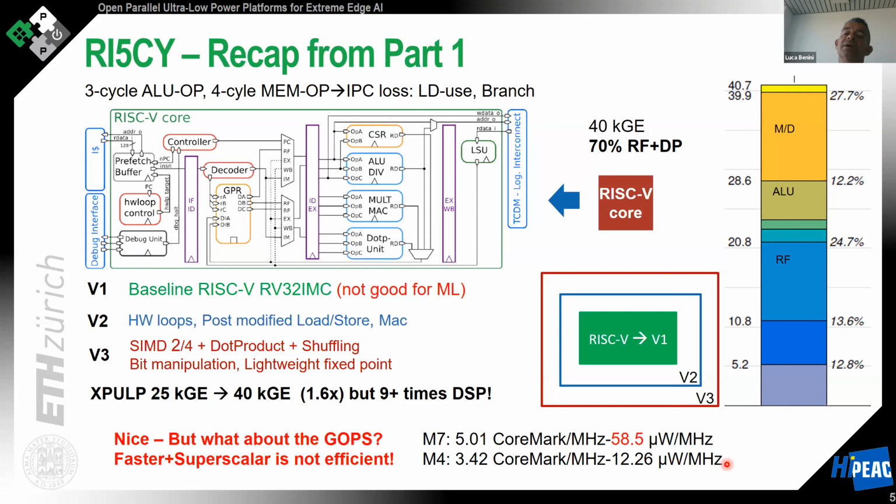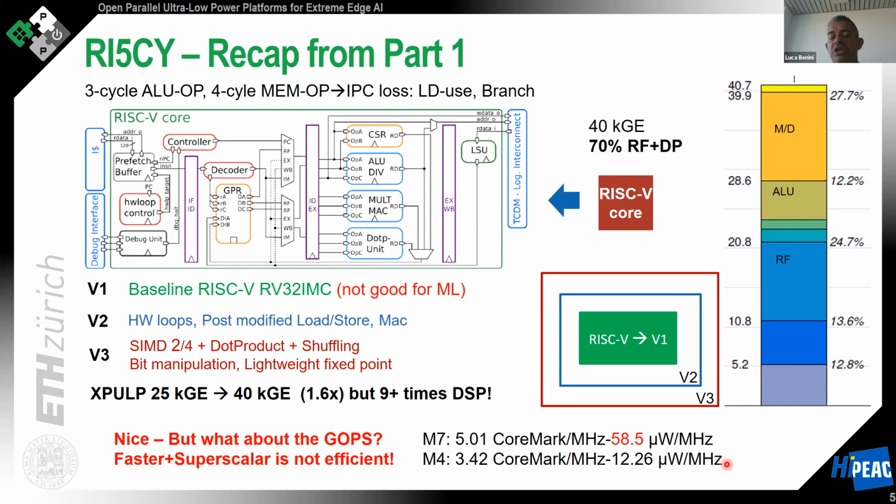Well, what the microcontroller industry has been doing was shown in the plot in the previous slide, which is essentially moving up in performance, so adding features to the cores. But we already know from our Ariane experience and from the experience of many other people in computer architecture that trying to increase your computational capabilities with a core that is faster, deeper pipelined, with superscalar capabilities and so on is not energy efficient.